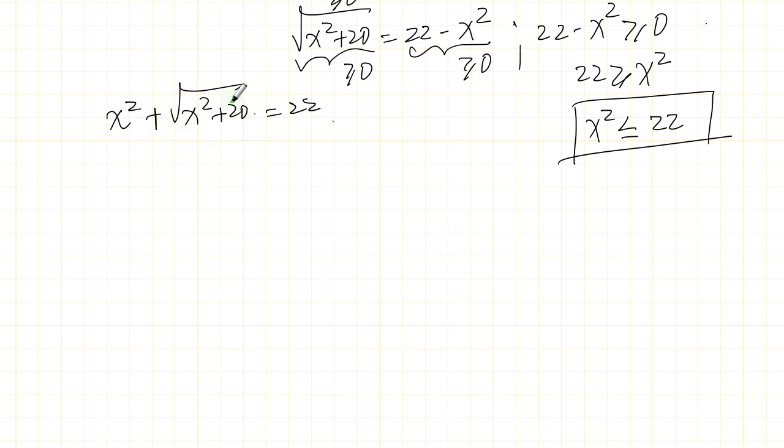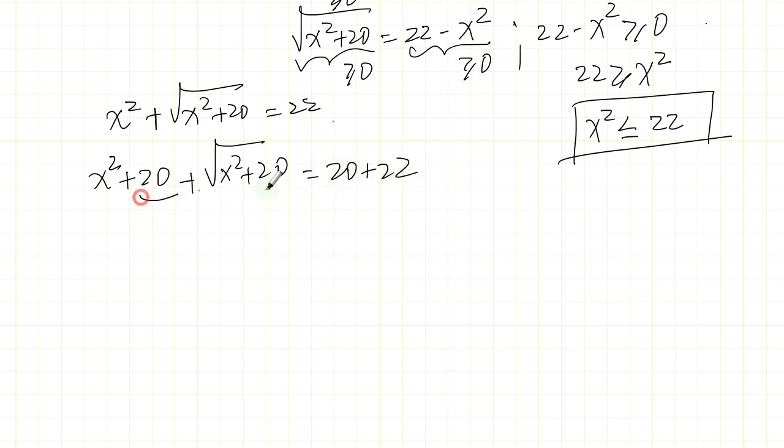I can solve this problem doing this: I'm going to say this is x squared plus 20, plus x squared plus 20, and then 20 plus 22. So I'm going to have x squared plus 20 plus square root of x squared plus 20, and this is going to be 42.